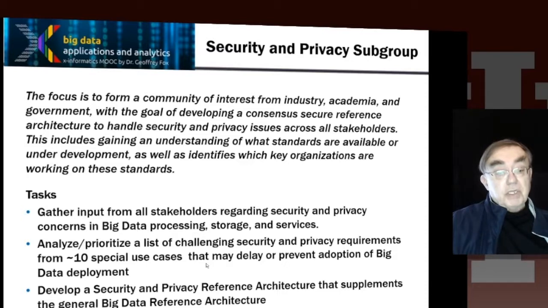These are special use cases coming from this group, which are different from the broader use cases gathered by the requirements and use case subgroup. And then we want to develop a security and privacy architecture to describe how these various concerns can be or should be implemented and overlaid onto the reference architecture for the whole big data processing.